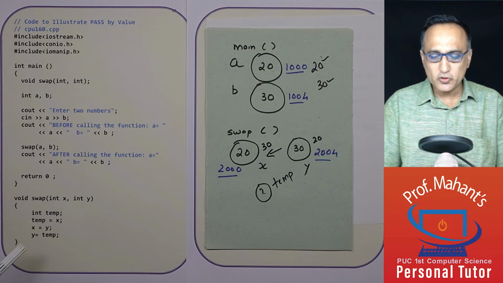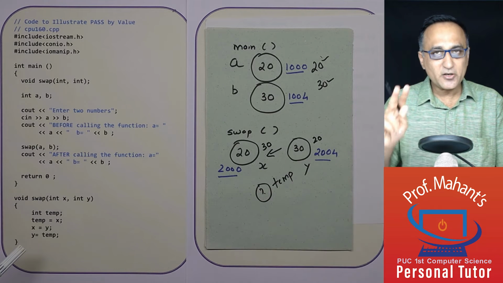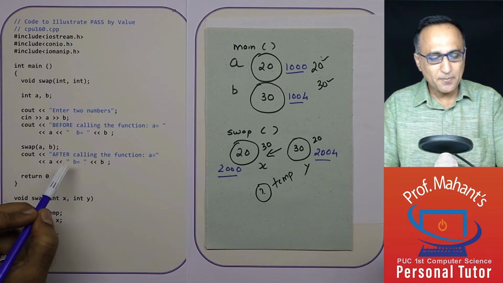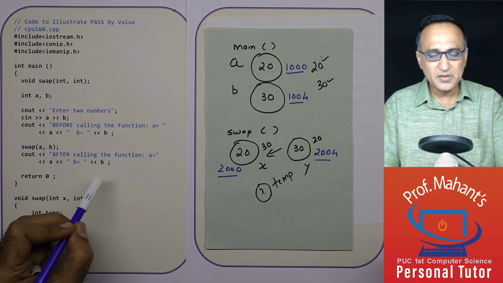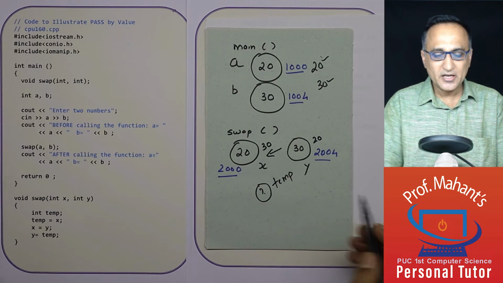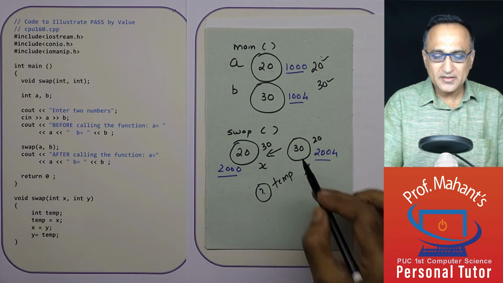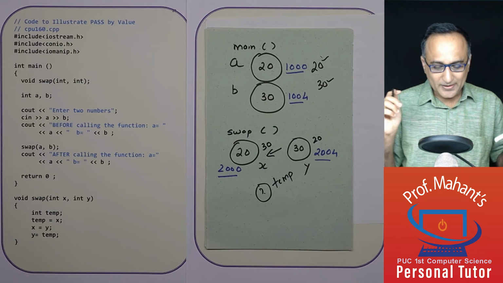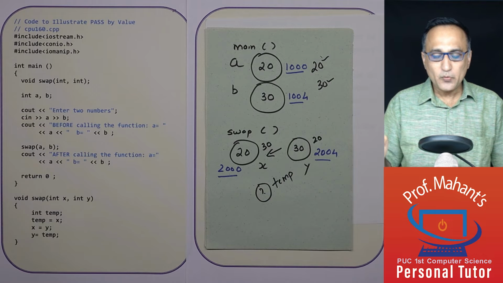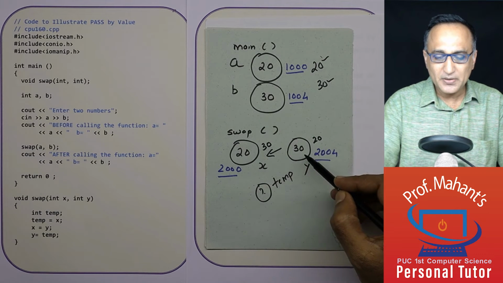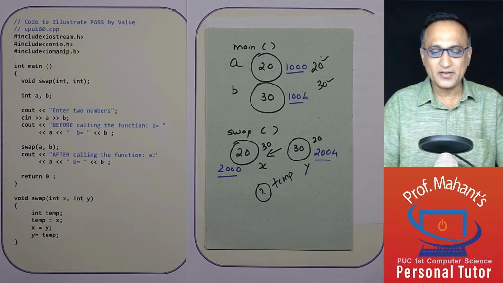Now, just to show that X and Y are different variables, when I come back and print the values of A and B, it is still going to print A as 20 and B as 30, because they were copied into different memory locations. What really happened was we passed only the values of A and B into X and Y respectively.